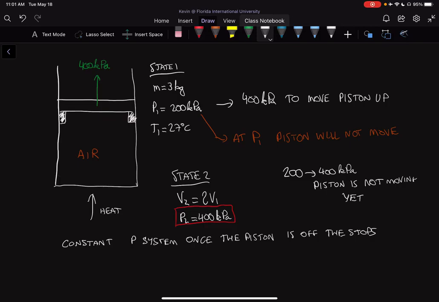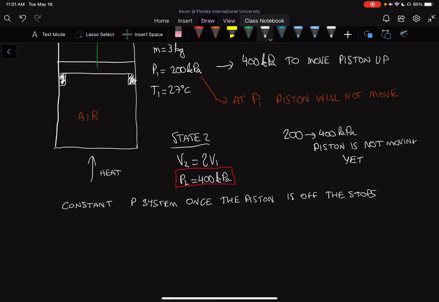So one of the first things we can do is find volume 1 and volume 2. Okay, we can find volume 1 at state 1, and then we can find volume 2 from the ideal gas equation. The reason I want to find volumes is to figure out what our boundary work is.